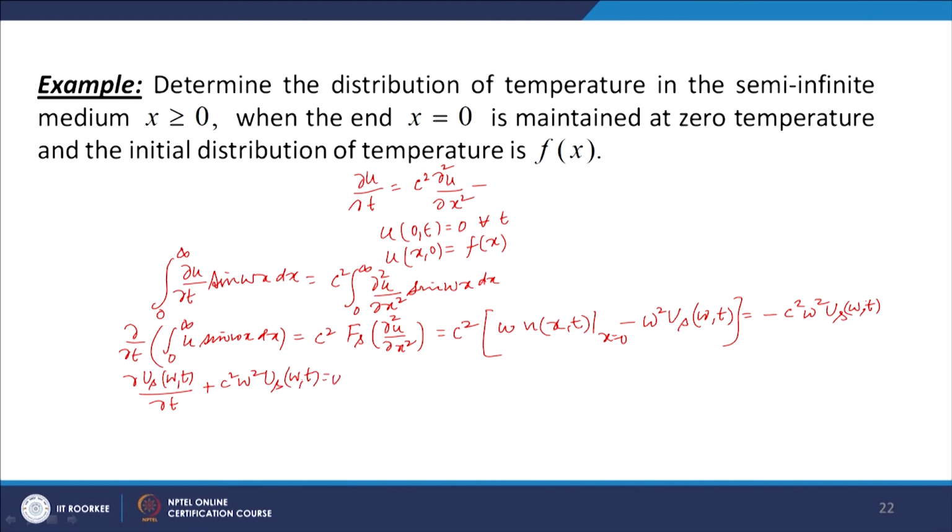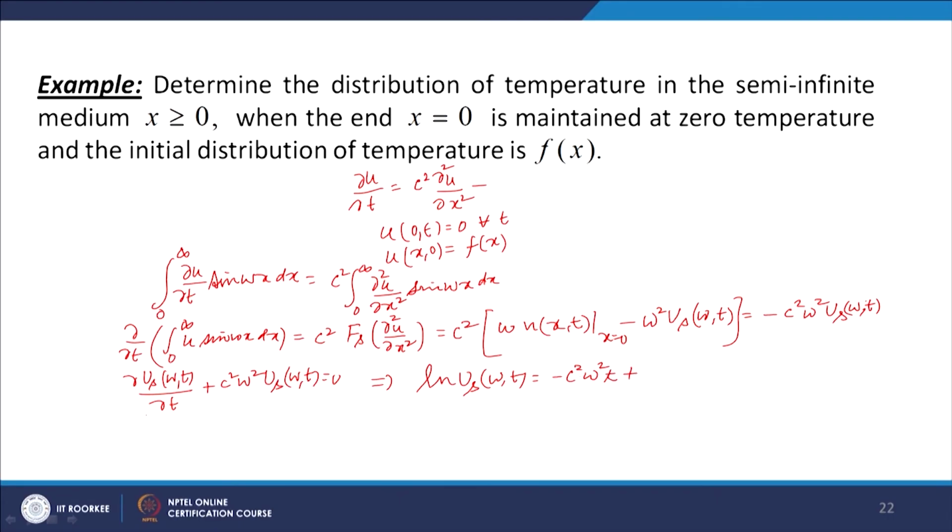Now, it can be treated as a first order differential equation: du by dt plus c square omega square u equal to 0, and then its solution will be du by u. So, ln u_s(omega,t) is equal to minus c square omega square into t plus some constant.